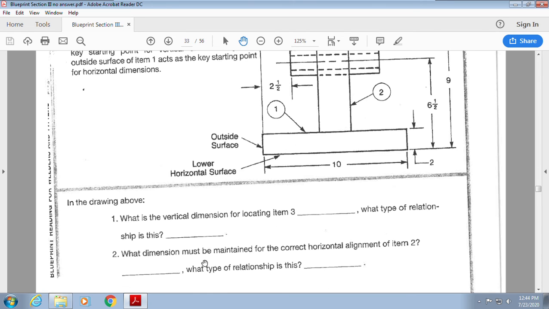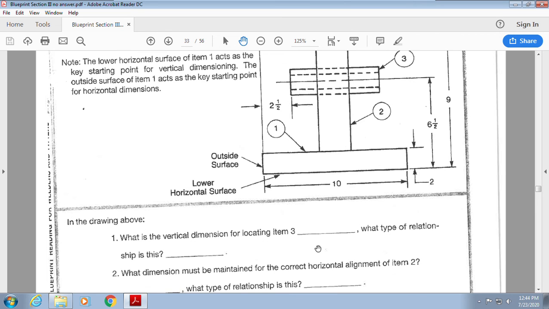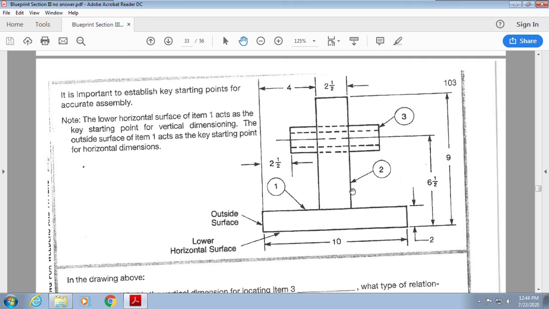Okay, what dimension must be maintained for correct horizontal alignment of item 2 and what type of relationship is it? Okay, well, here's item 1 and here's item 2. So how do I determine how far left or right this is going to go? All right, so if we need to find the dimension that's left or right or horizontally, we're going to use, it says outside surface of 1.